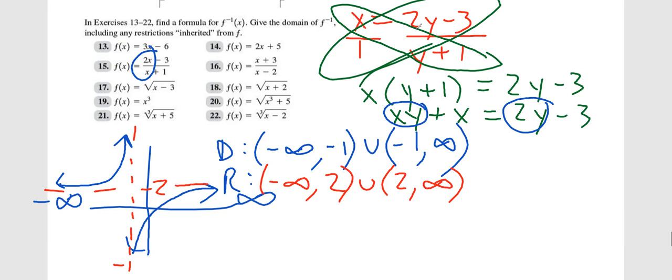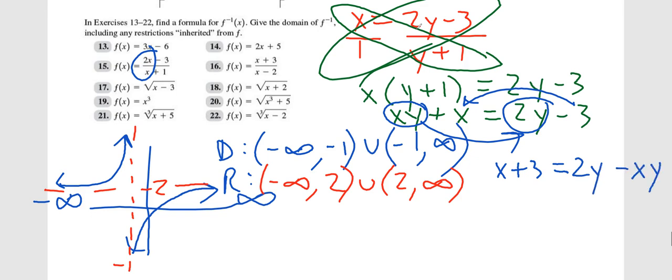What do you want to subtract? xy? Okay, we can subtract the xy. What are we going to do with the negative 3? We're going to add it, right? So if we do that, we would have x plus 3 equals 2y minus xy. So we got all of our y's on the same side.